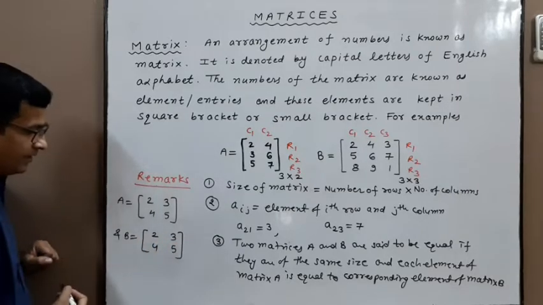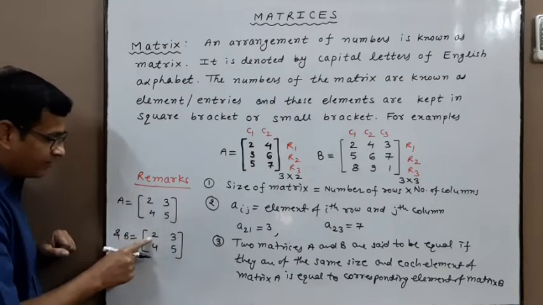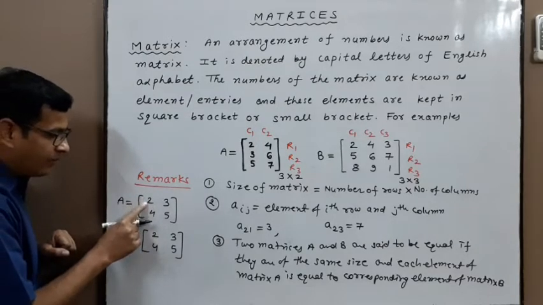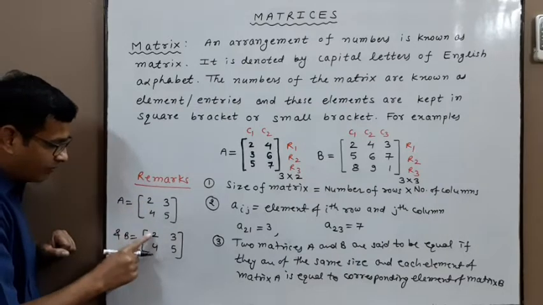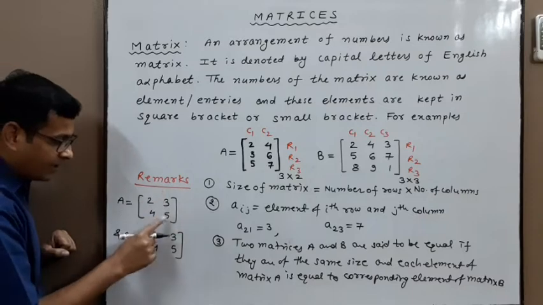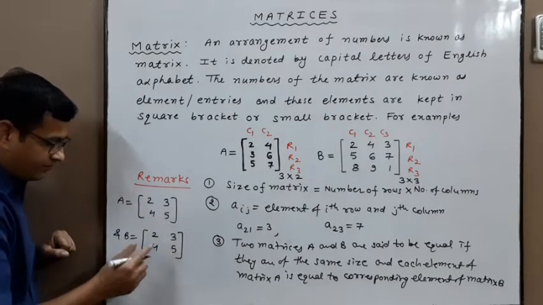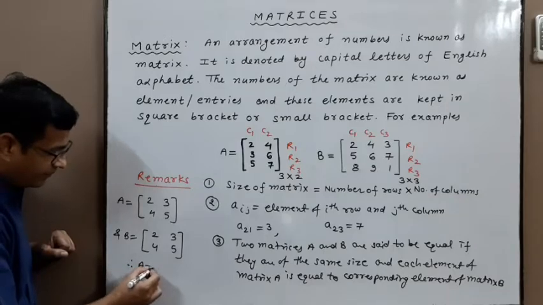Then A equal to B. Because each element of matrix A is equal to the corresponding element of matrix B. Means the element of first row and first column equals the element of first row and first column of the second matrix. Element of second row and second column equals the element of second row and second column. So A equal to B.